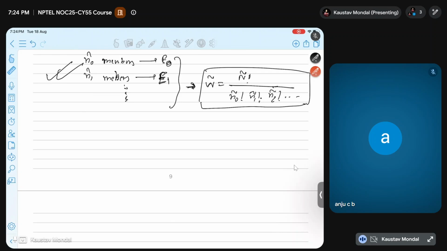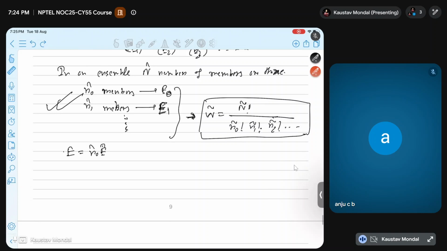The total energy of the ensemble remains fixed, that is E, that is n0 E0 plus n1 E1, with tilde symbols here also. So this is the total energy of the ensemble.